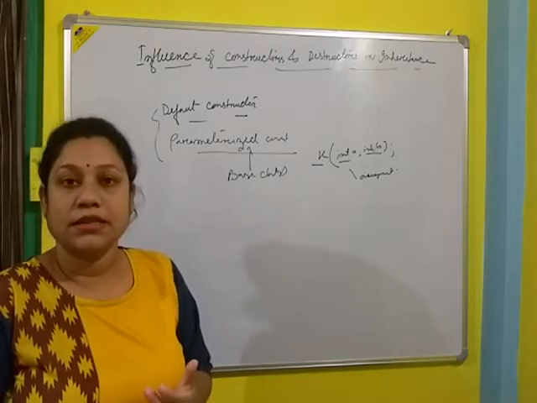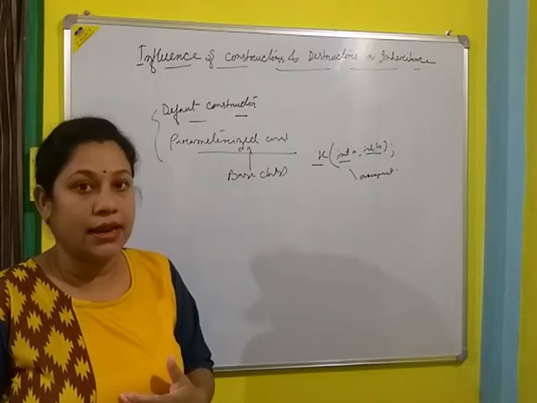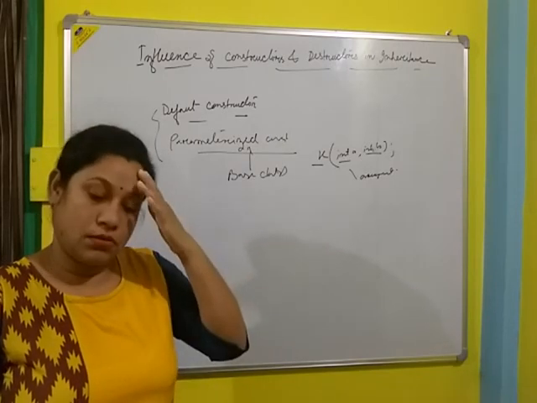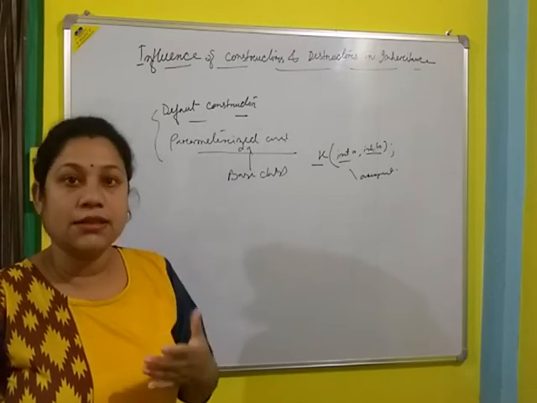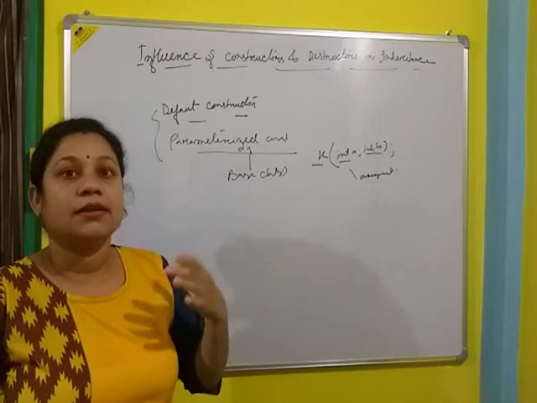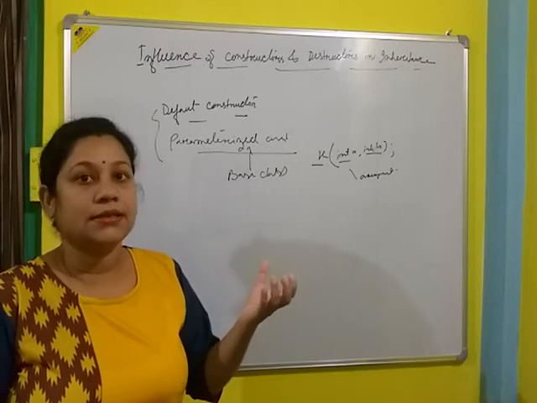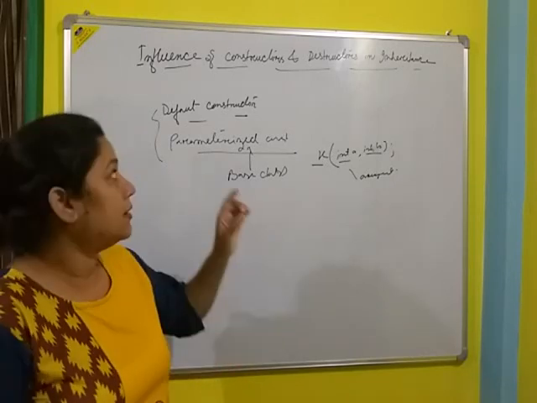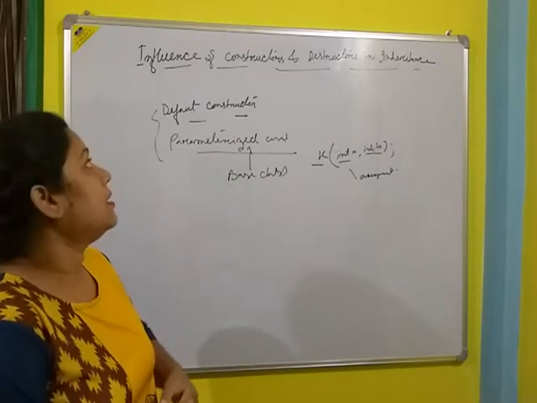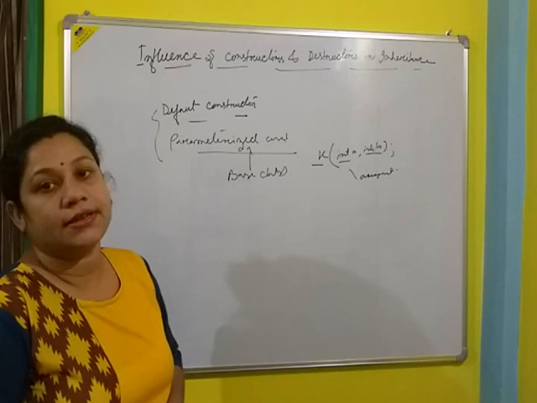Okay, so that is private, public and protected, and we already discussed how to access the data members of the base class. And this is the last topic regarding the technique of inheritance, that is the influence of constructor and destructor.